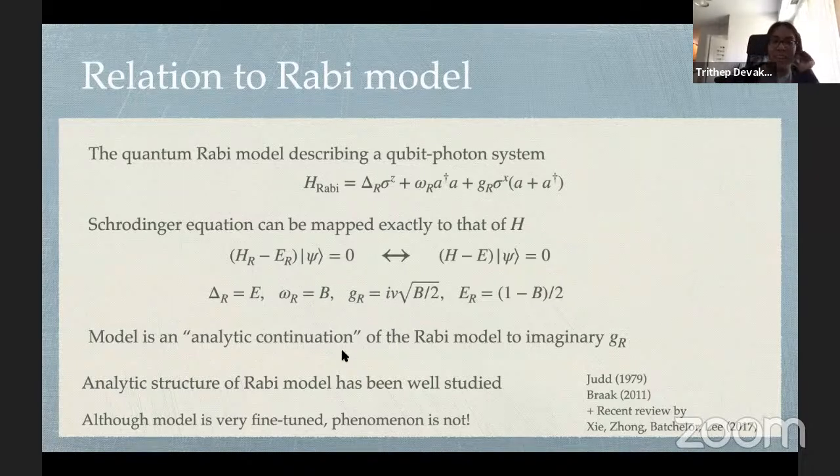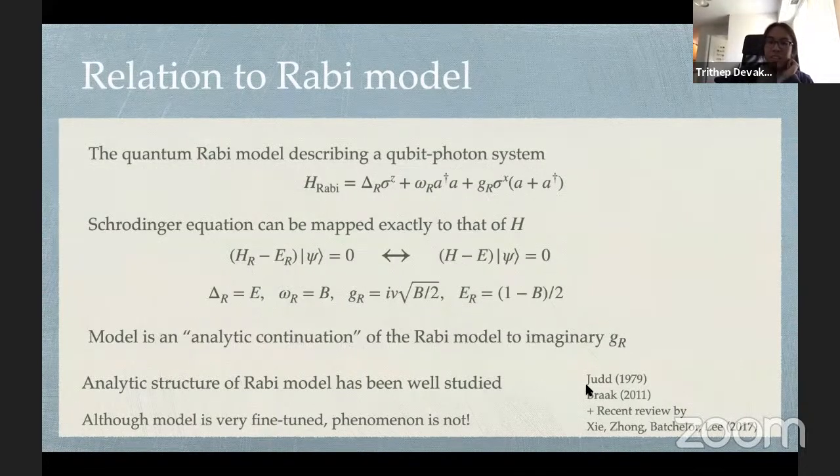And the reason that's possible: both H and the Rabi model are Hermitian. So you might imagine, how can you analytically continue it to imaginary values of the coupling while also being a Hermitian model? That's because this mapping involves interchanging energy with parameters. The analytic structure of this Rabi model has been well studied. The exact solutions of the eigenstates that we found were originally found.